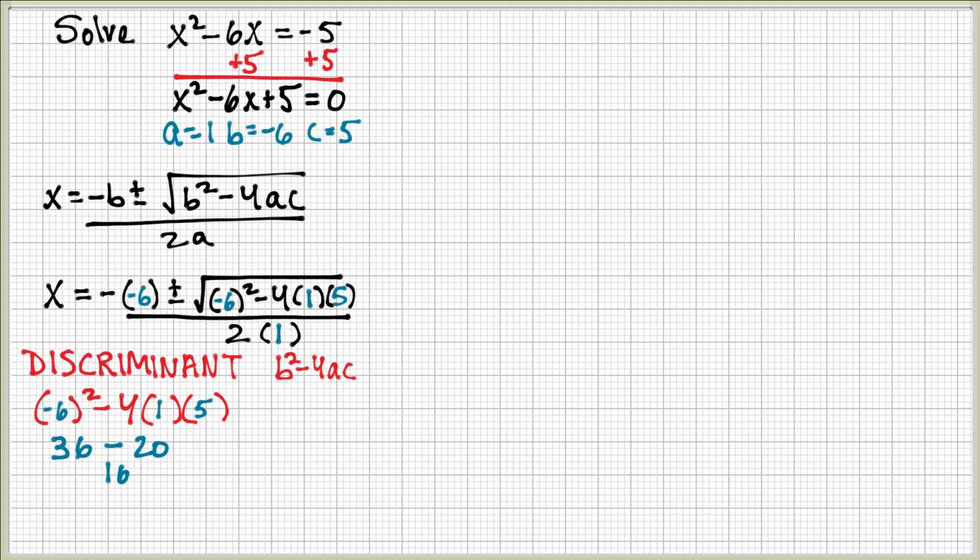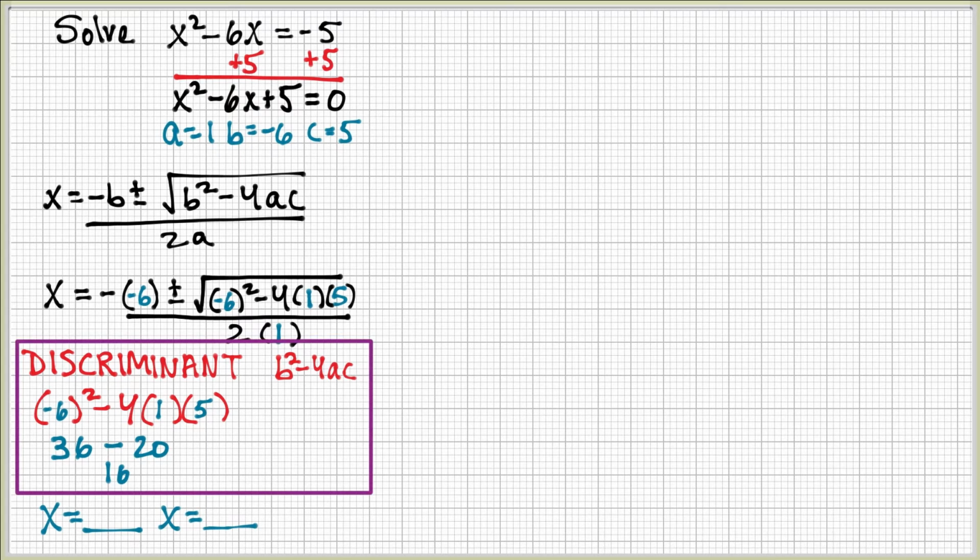So our discriminant has a value of 16, and since it's a radicand and it's positive, we know that our problem will have 2 real number solutions. So I'm going to prepare myself for those 2 real number solutions by writing x equals and x equals at the bottom of the problem.